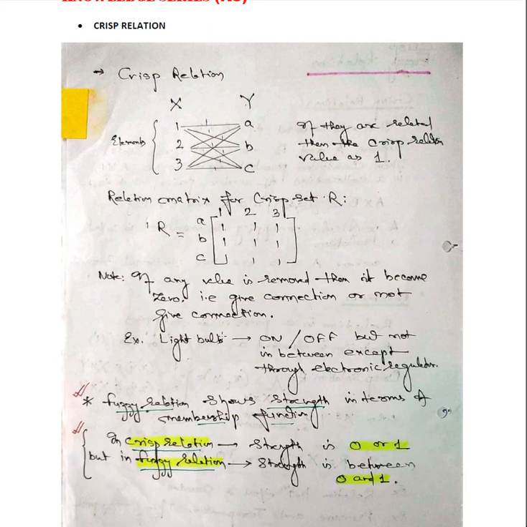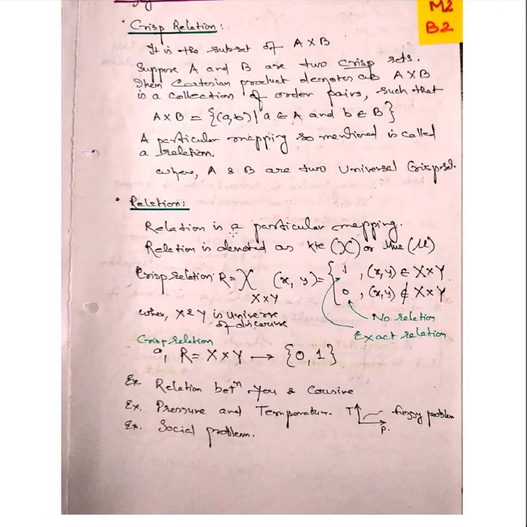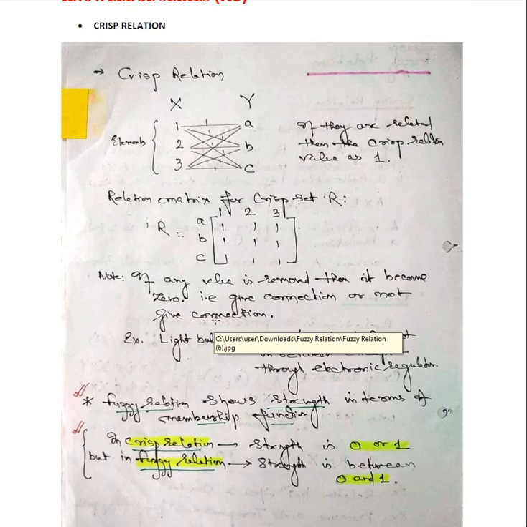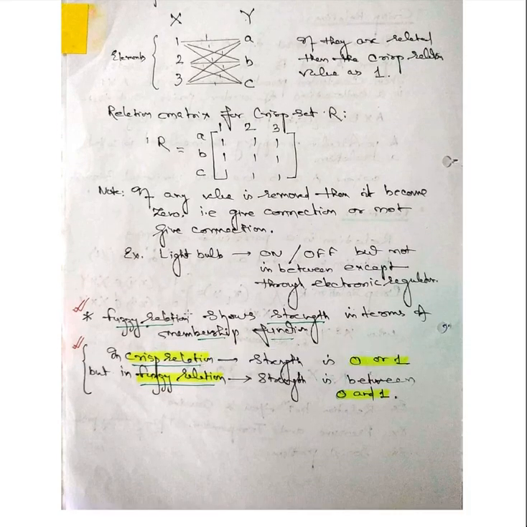Now the crisp relations case here is shown with respect to the unconstrained conditions, with respect to the mapping, where the conditions are satisfied when it is equal to 1. Both are in the unconstrained conditions.